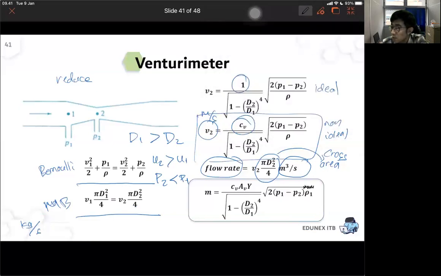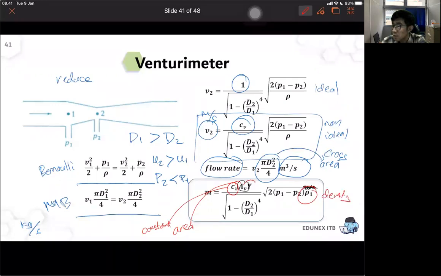The root should be until this one only, because you want to multiply by the area. This is the constant, right? Same. Then you multiply by the density of the fluid.